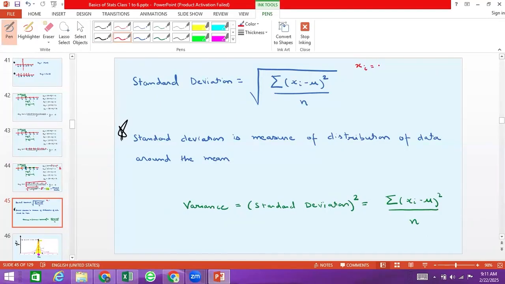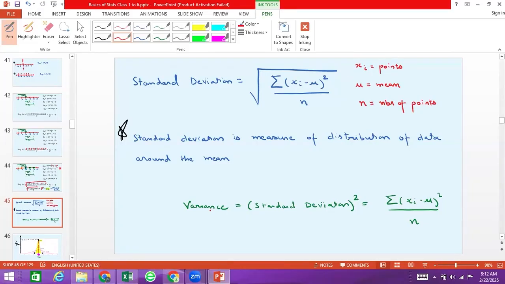What are xi? Xi are the individual points. What is mu? Mu is nothing but your mean. And what is n? N is nothing but the number of points.